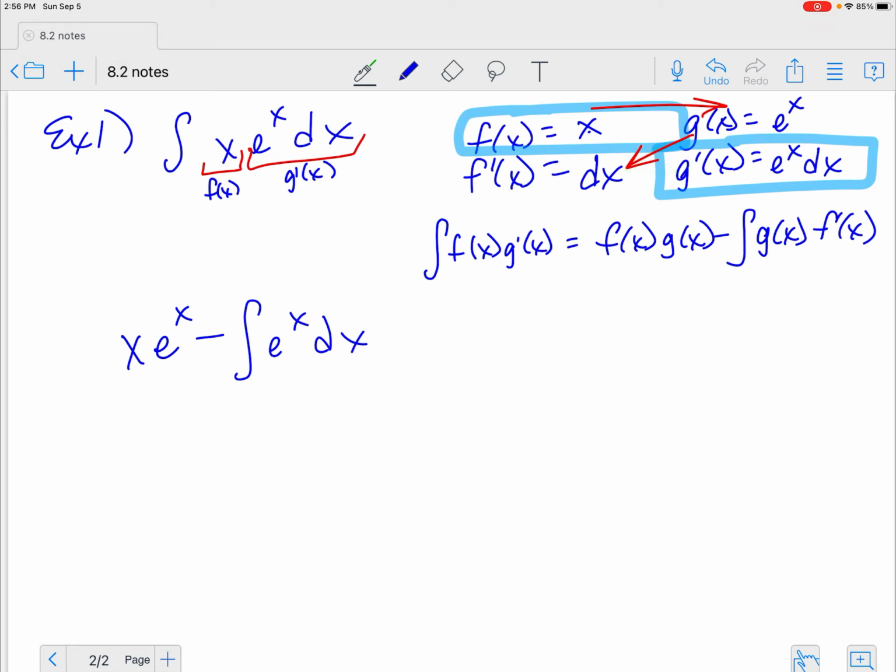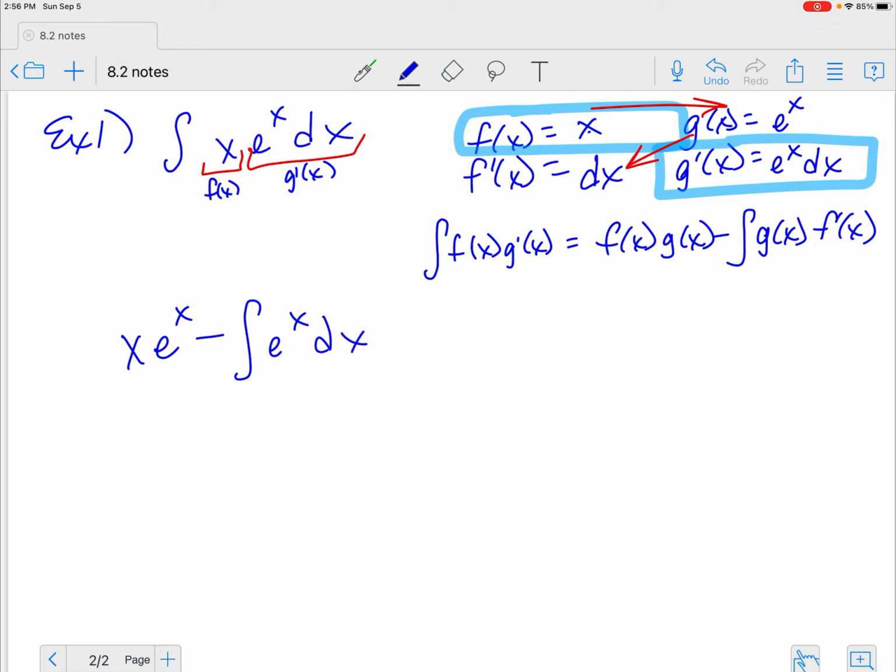Now here's my question for you. Does this g prime of x make a comeback in my formula? It does not. The sole purpose of this g prime is simply so you can get the antiderivative, which we use a lot. We use twice, right? Out here and in here.